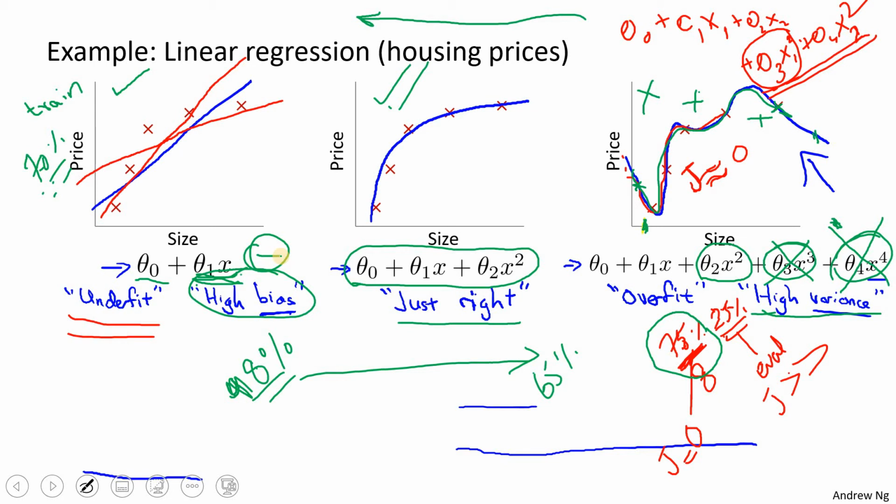So this is what happens over here: 3 types of models, just right, underfitting, overfitting, and other names for them are high bias and high variance options. Okay, go through it, pause the video, and try to grasp these concepts before we go to the next slide.